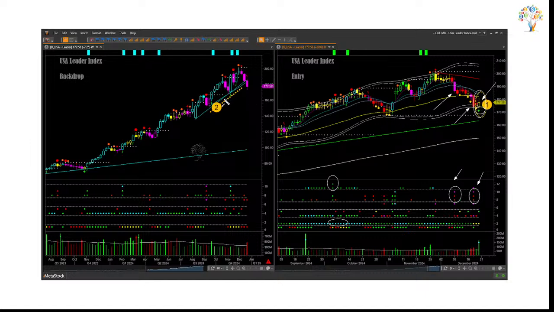And another reason that is preventing me to buy not only this index, but stocks in general, is the fact that leaders index has decisively broken down in the weekly interval. The concept is that leaders index is made up of the leading stocks, the best stocks in all the sectors.